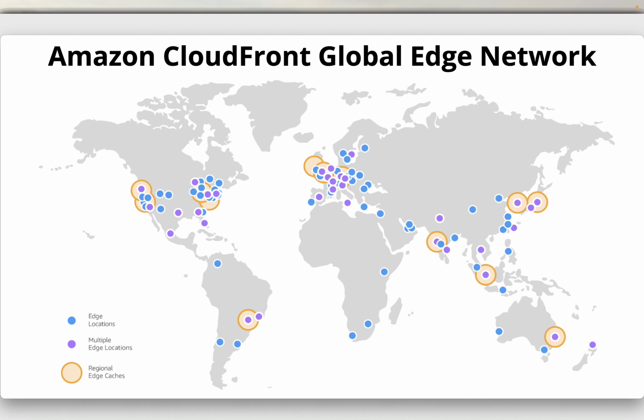So this is the global diagram of the edge locations, multiple edge locations and regional edge caches. Here in the picture you can see that these are all edge locations, and the purple ones are multiple edge locations, and then you have regional edge caches, which are used for your CloudFront distribution CDNs, and the other ones are used for other features like Global Accelerator and so on.